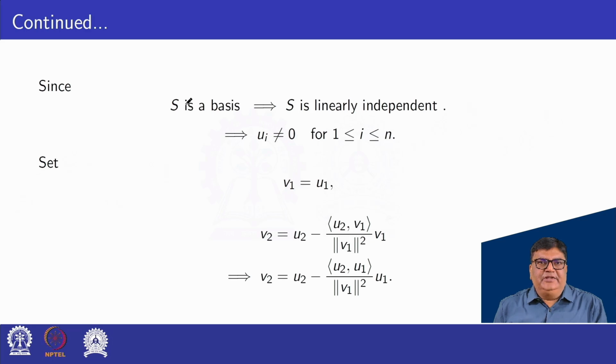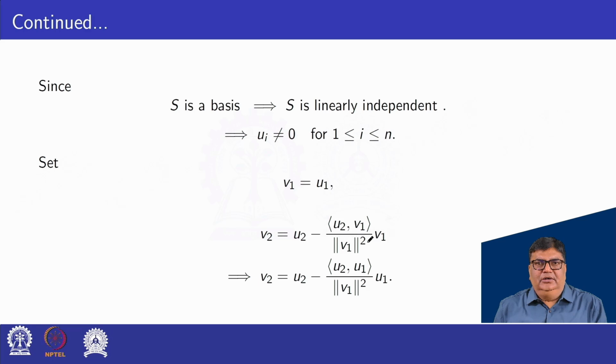Since S is a basis, this implies that S is linearly independent. This implies that Ui is a non-zero vector for all i between 1 to n. Set V1 = U1 and V2 = U2 minus the inner product of U2, V1 upon norm of V1 squared, into V1.